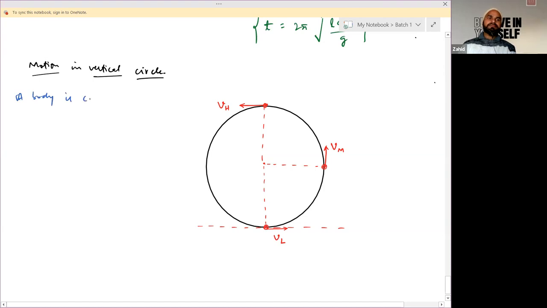A body is connected to a string and starts revolving in vertical circular path of radius, let's say r.